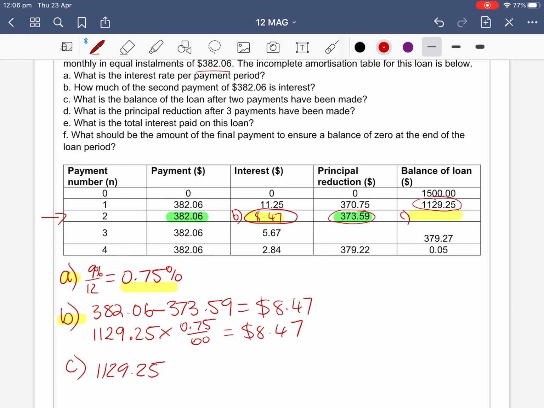So 1129.25 minus 373.59 will give me my new balance of $755.66. So let's pop that in our table.